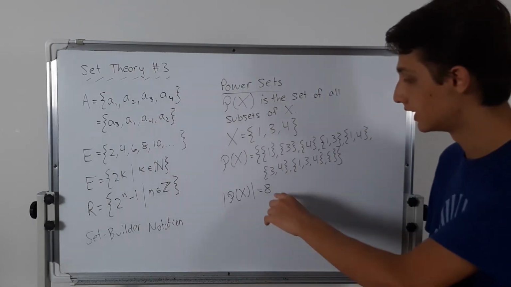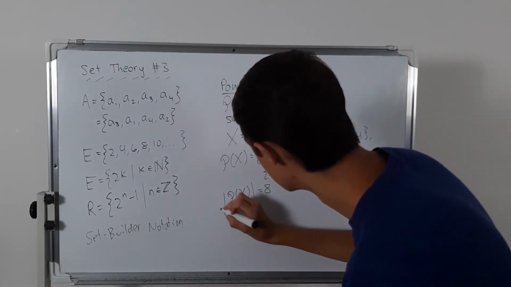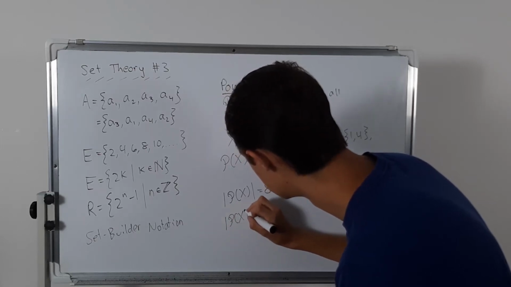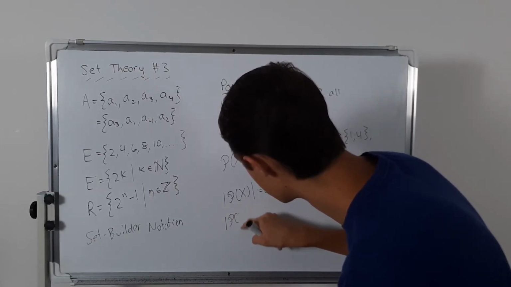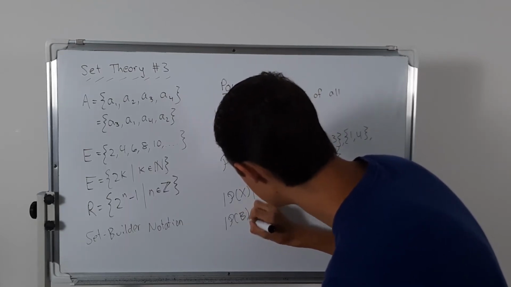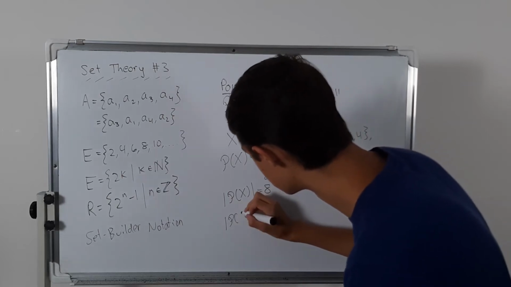And in general, we have the power set of X. Actually, I'll say the power set of some other set. I'll say B, any set B, or actually I'll use S to denote a set.